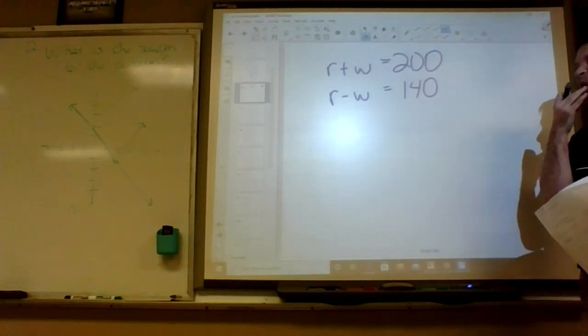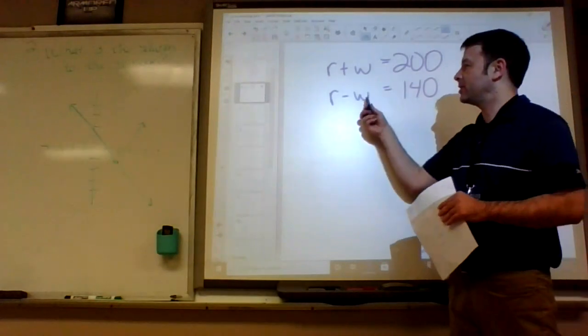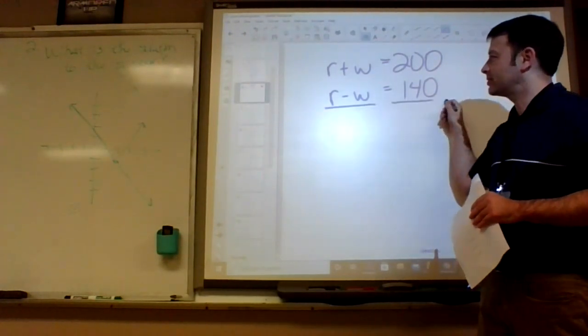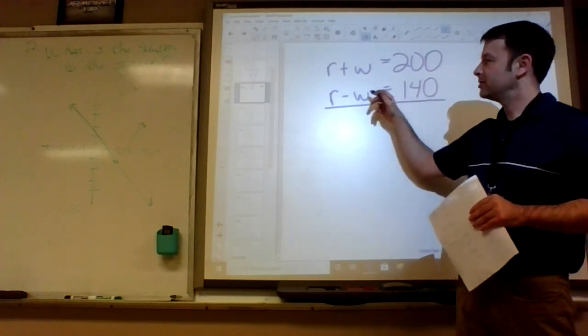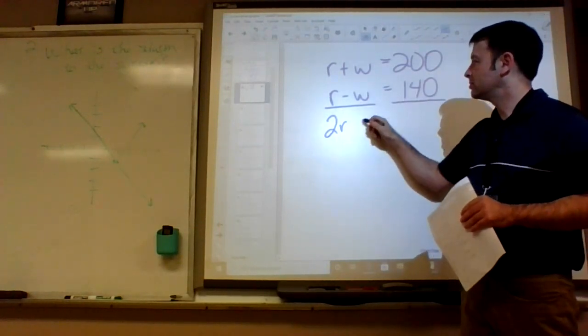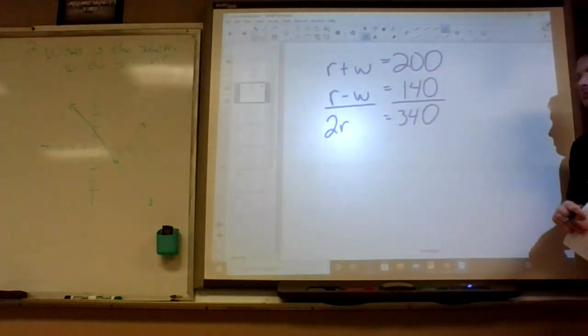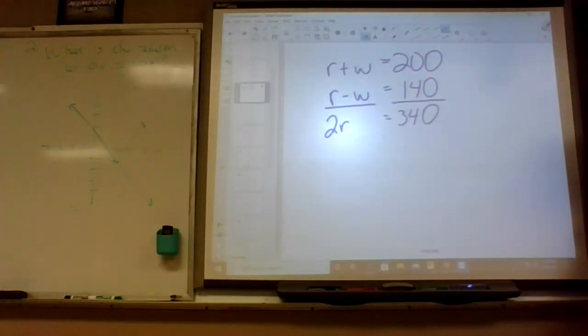In other words, just solve for R and W. What's the easiest way to do this? Add the two lines together. So it's 2R equals 340. Divided by 2 equals 170. So the rate of the plane without wind is 170. Then the wind speed is 30.